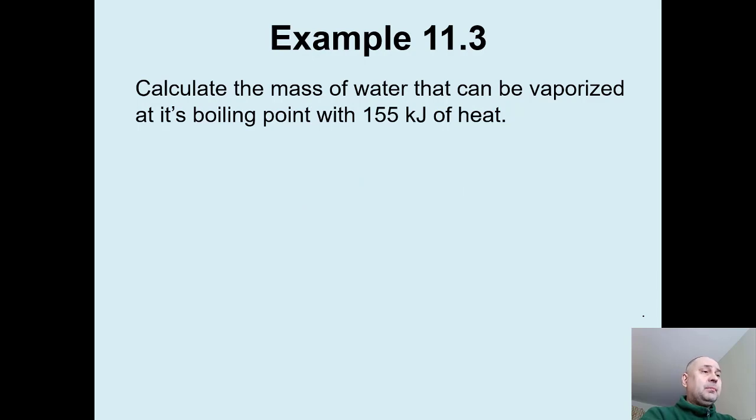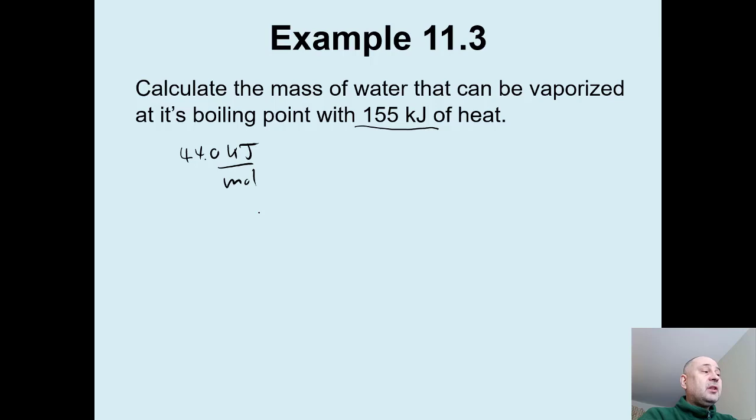For example, if we were to calculate the mass of water that can be vaporized at its boiling point with 155 kilojoules of heat. So we are giving 155 kilojoules of heat, and we know we are boiling, so that would be 44.0 kilojoules per mole.